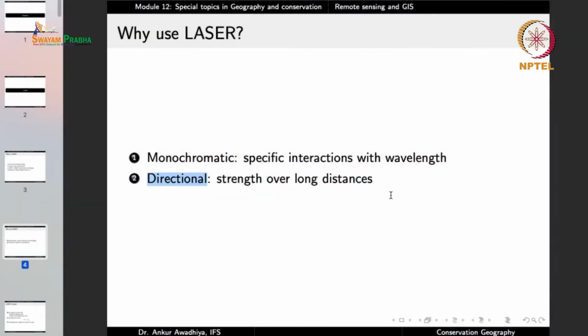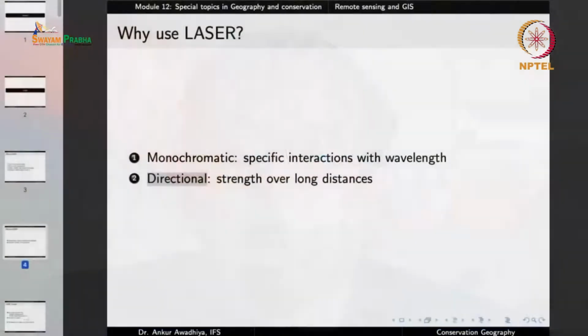So laser is a highly directional beam, so it maintains its strength over long distances, meaning that we can use laser to have a small amount of energy that is transmitted to a very long distance. That energy interacts with the object that has to be investigated, and then the reflected beam is able to bring information about the object back to the sensor.